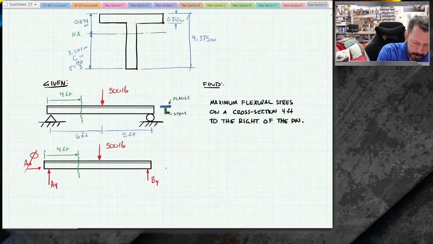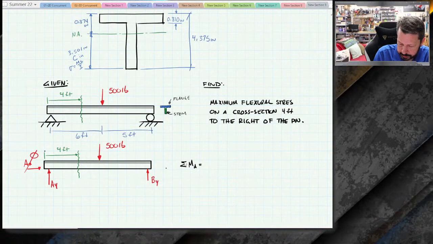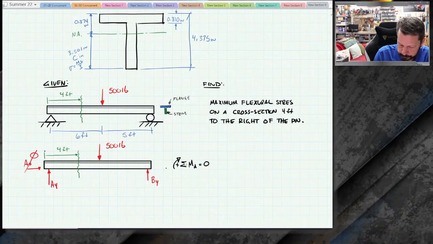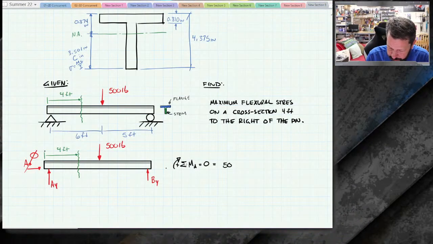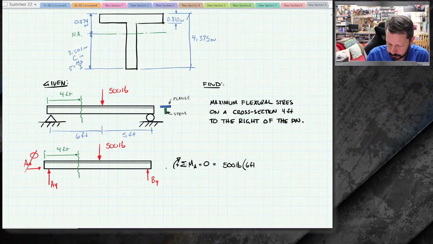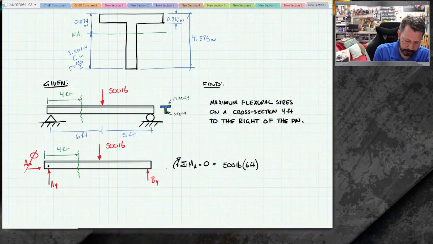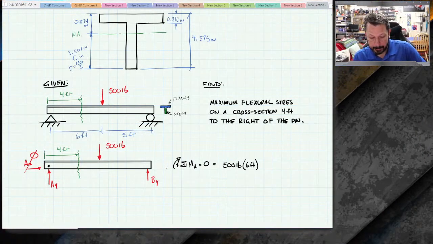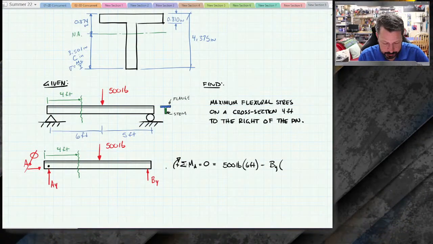So let's write summation of moments about point A equals 0. And that will say I've got 500 pounds. It has a 6-foot moment arm going clockwise around point A. Point A is roughly right in there somewhere. Minus counterclockwise BY times 11 feet.